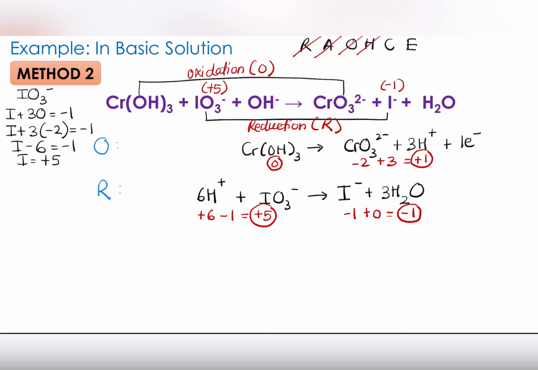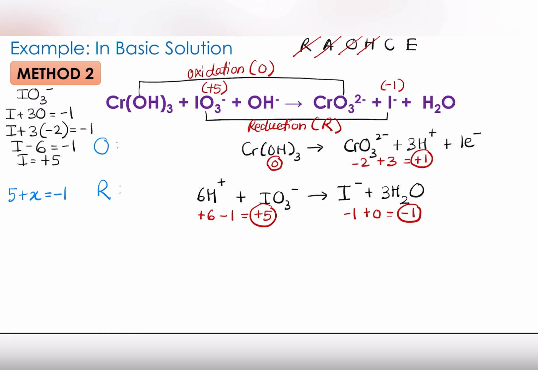Kalau awak confused, saya akan tunjukkan cara manual untuk tentukan bilangan elektron untuk kita tambah di bahagian sini. So di mana saya tulis dulu 5 bahagian sini, 5. And then I have the electrons that I want to find out, plus X equals to, here is negative 1.